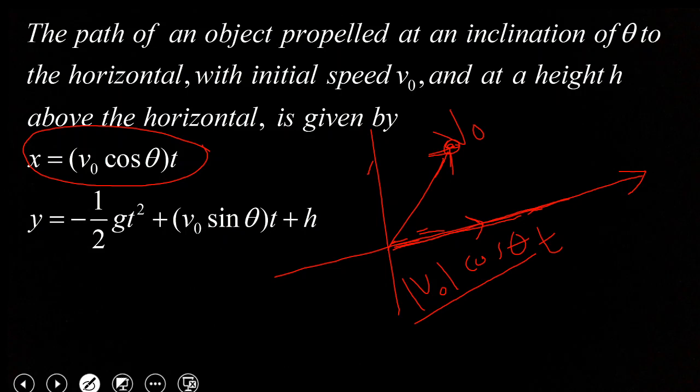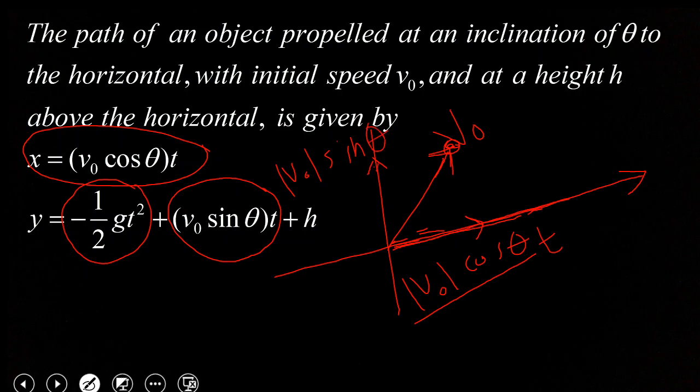Now, how far does it go up? Well, it's going to be what the gravity does to it, which is negative. The gravity is going to pull it down that much, plus this is the vertical component of the initial velocity we give it. So v sub 0 times sine theta.